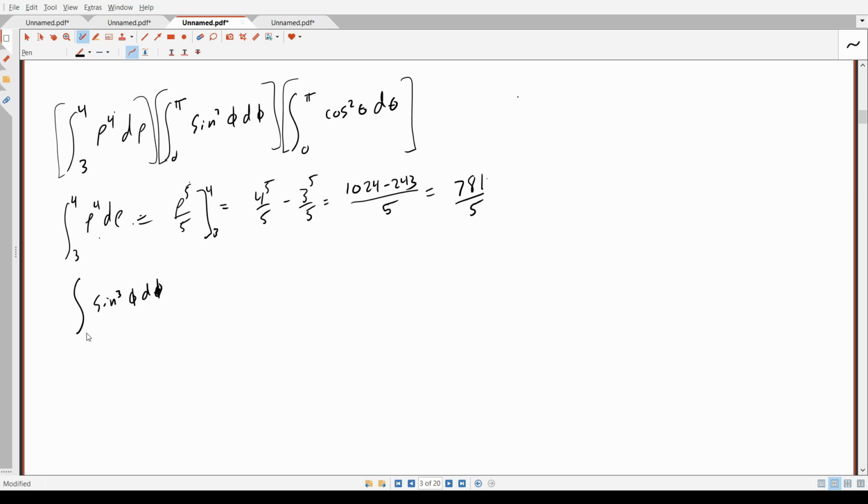D phi from 0 to pi. So this is basic Cal 2. I write this as 1 minus cosine squared phi sine phi d phi. And then I use a u sub and I set u equals cosine phi.